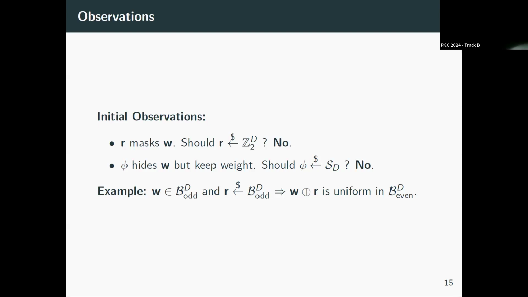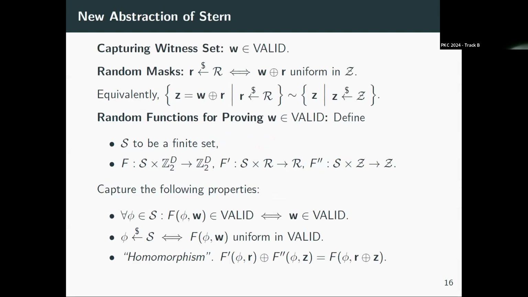So an observation is that if we have a witness W of odd weight, then we can use a random mask of odd weight, and when masking W with this R, the resulting string is uniform on binary strings of even weight.